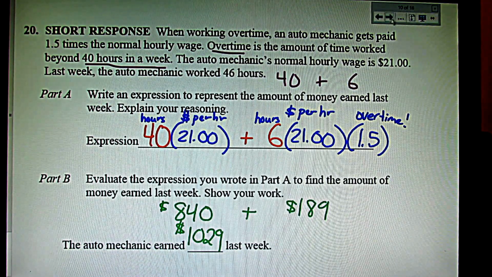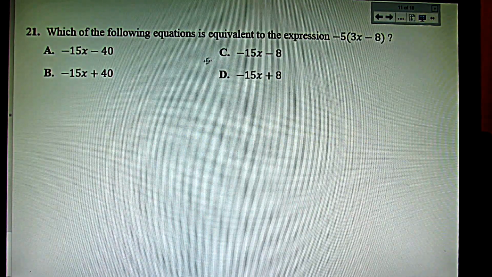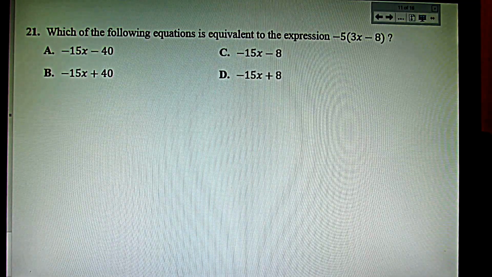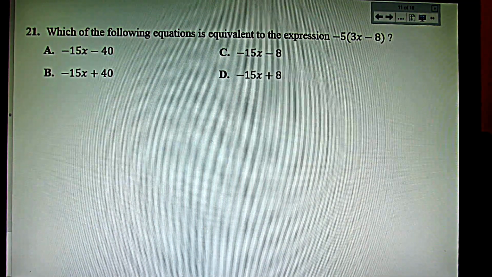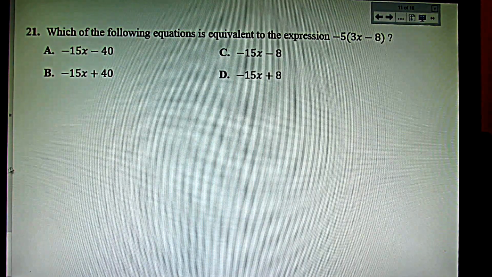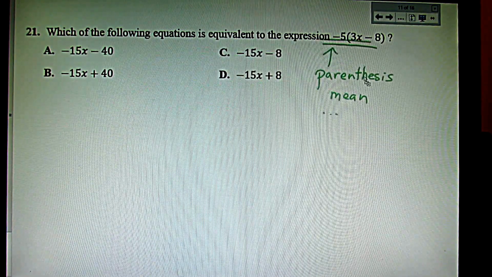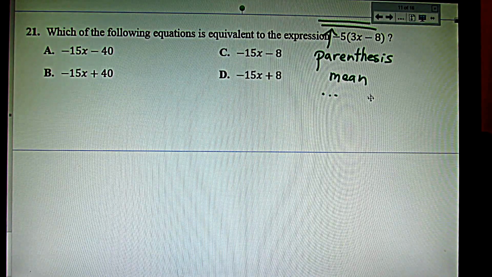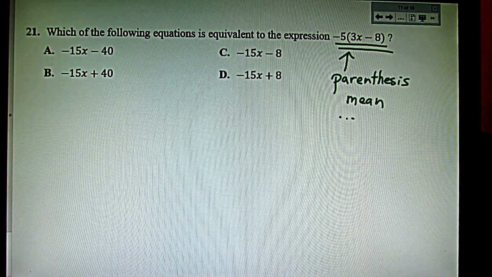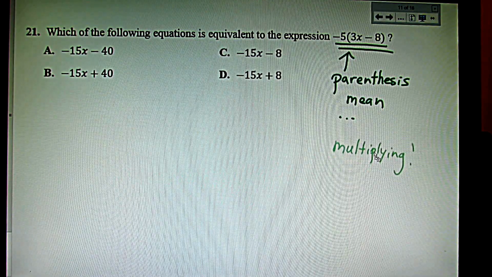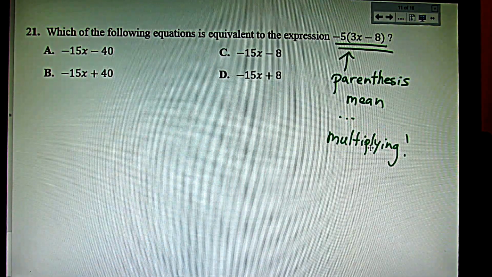Okay. Number 21. Which of the following equations is equivalent to the expression negative 5 times (3x minus 8)? Oh, these are parentheses. What do these parentheses mean? Look at those. There's parentheses and there's a number outside of it. What does that mean? That means multiplying.